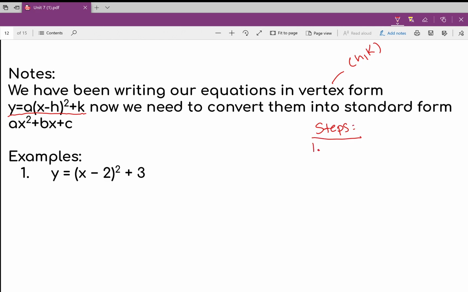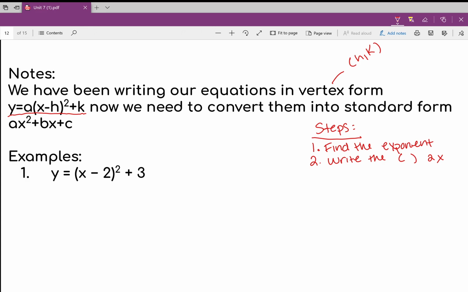So step number 1 is to find the exponent, because that's going to tell us how many times to write the parentheses. So once we find the exponent, we're going to write the parentheses 2 times.